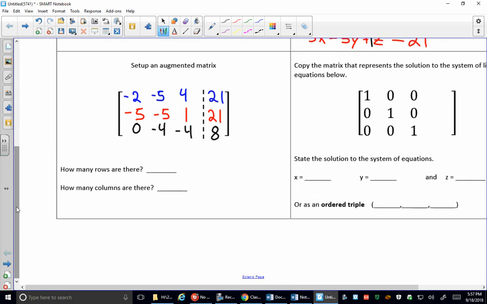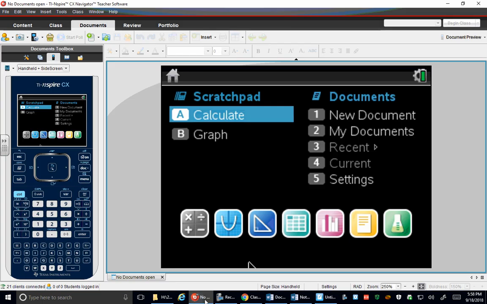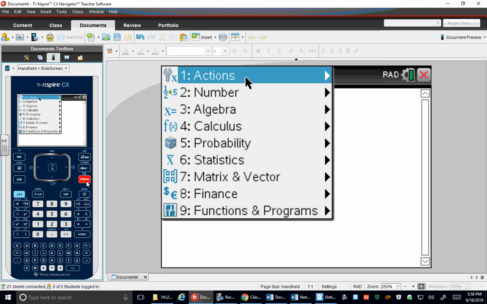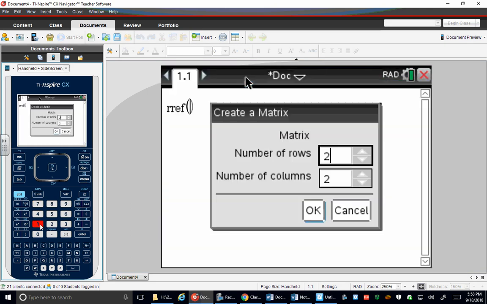Okay, so keep in mind that we have 3 rows, we have 4 columns. So let's go solve it. Let's get our solutions. On a calculator page, menu 75, menu 711.